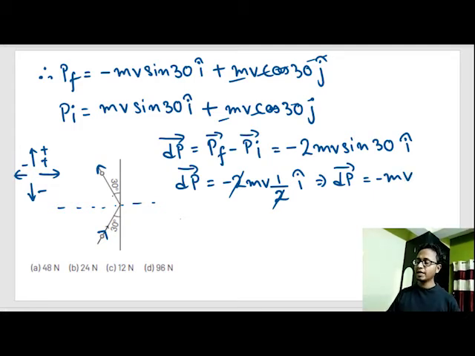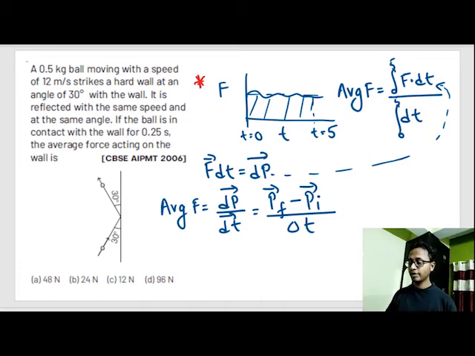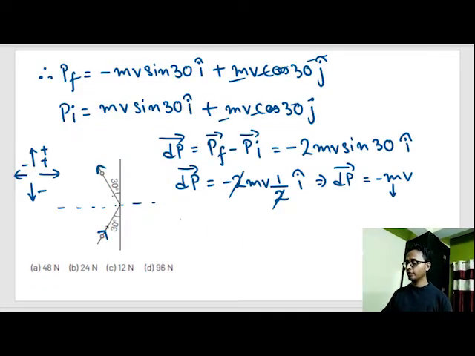I'm not writing i because it is understood that the change in momentum takes place in this direction. So let's find out the value: m is given as 0.5 kg, and v is given as 12 meters per second.